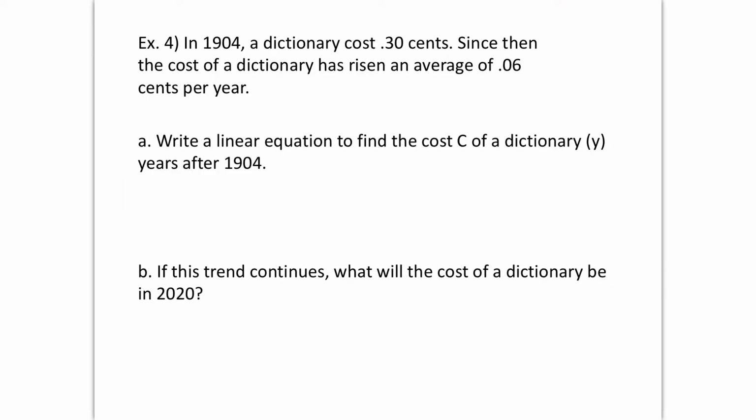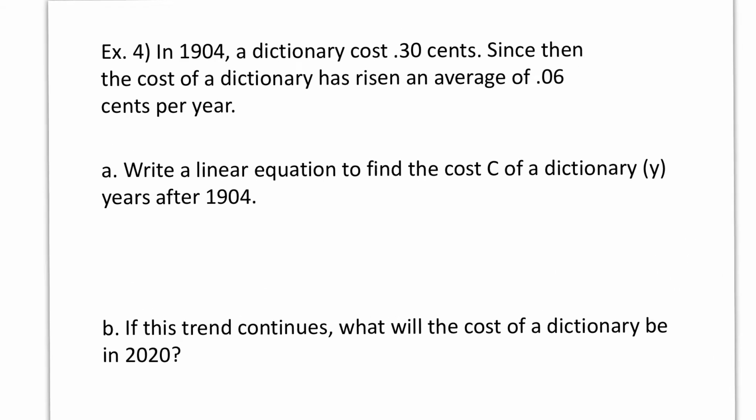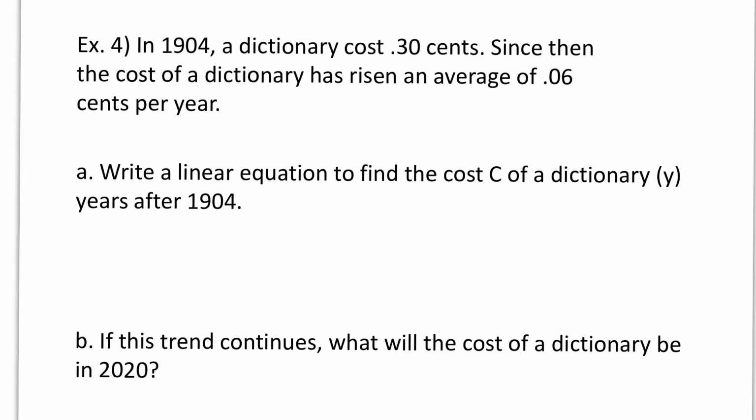And the last example I'm going to show you guys is an application problem, or something that you guys can apply with linear equations. So here it says that in 1904, a dictionary cost 30 cents. Can you believe that? 30 cents in 1904. Since then, the cost of the dictionary has risen an average of 0.06 or 6 cents per year.